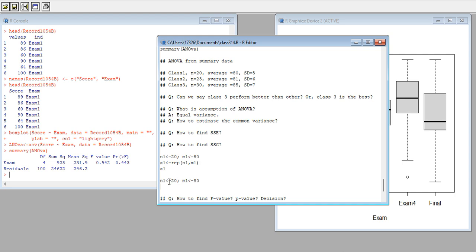N2 is 25 and M2, their average, is 81, and N3 is 30, and M3 is 85.